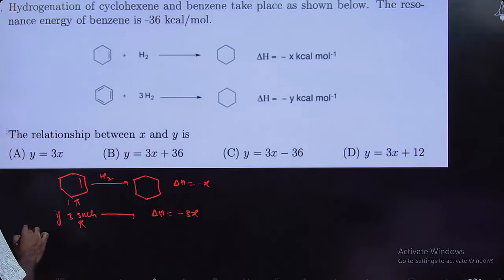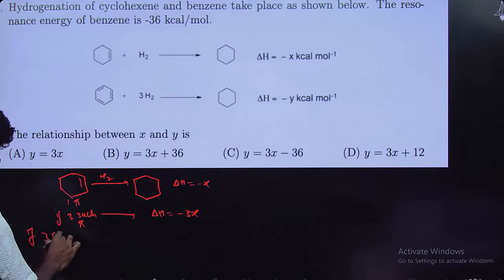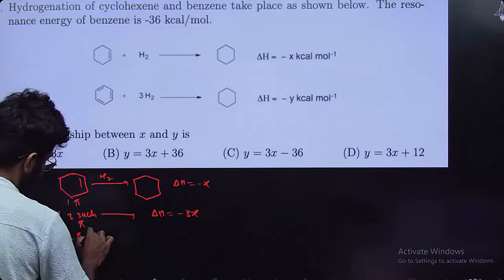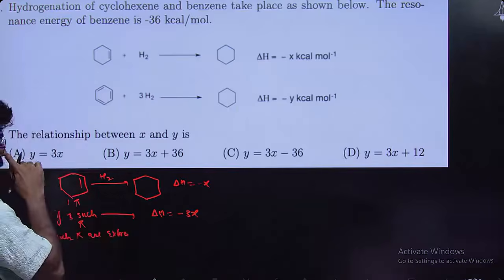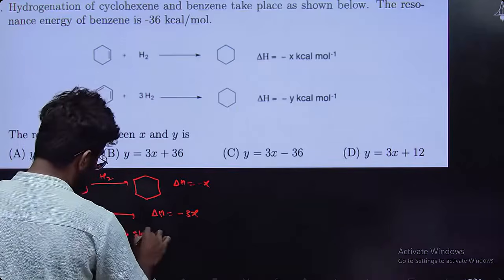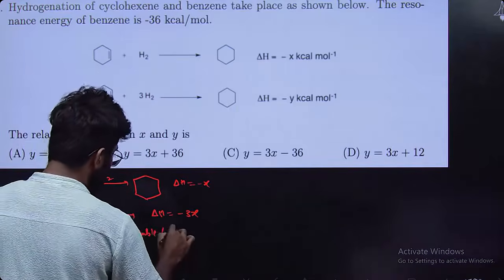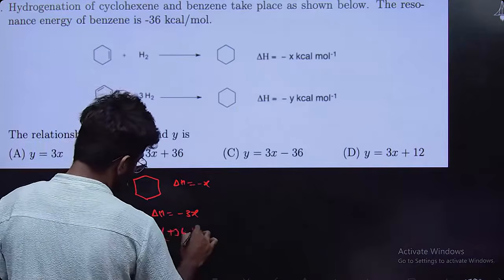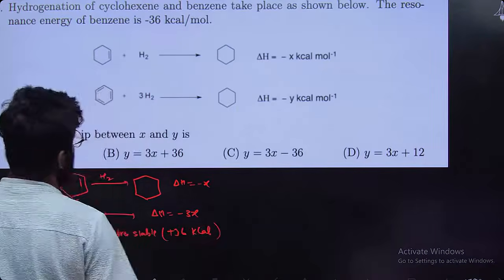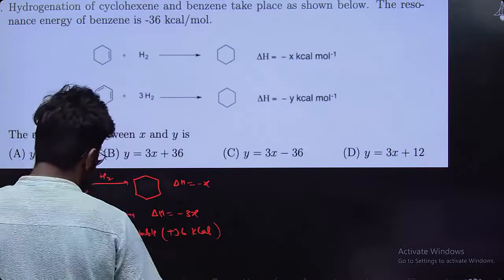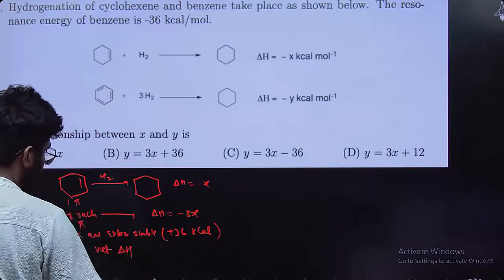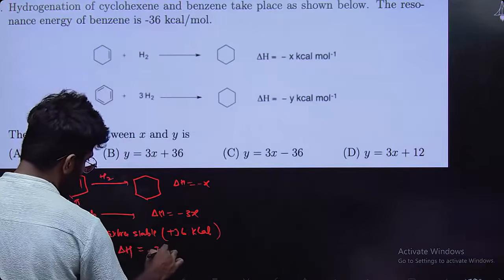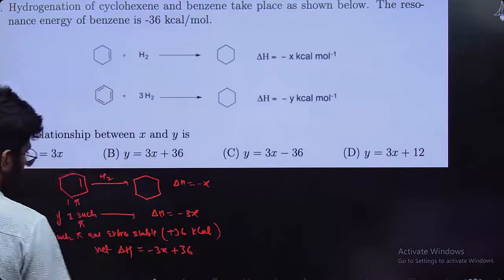But if these three pi bonds are extra stable, suppose in order to break the pi you need to give extra energy, and that energy is plus 36 kilocalories per mole. So net delta H becomes minus 3x plus 36, right?